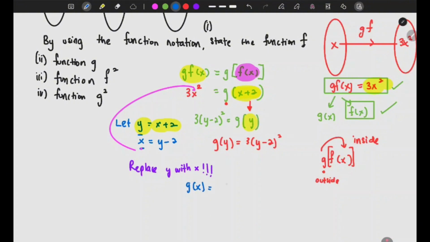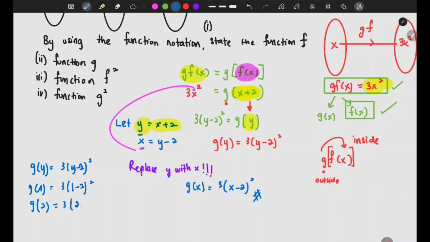It's the same method which I explained just now. Remember I told you, if you know g(y) is (3y minus 2) squared, then what is g(1)? (3 times 1 minus 2) squared. What is g(2)? (3 times 2 minus 2) squared. And if I put g(x), (3x minus 2) squared.